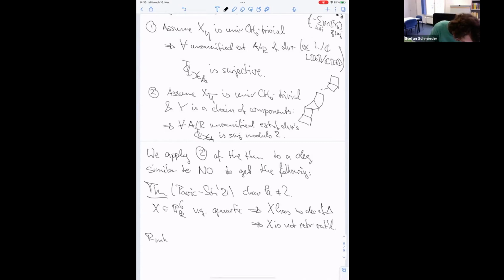And the remark is that if the characteristic was positive, then rationality was open for these varieties. Okay, so I think I'm already over time. So let me stop with one more remark here.